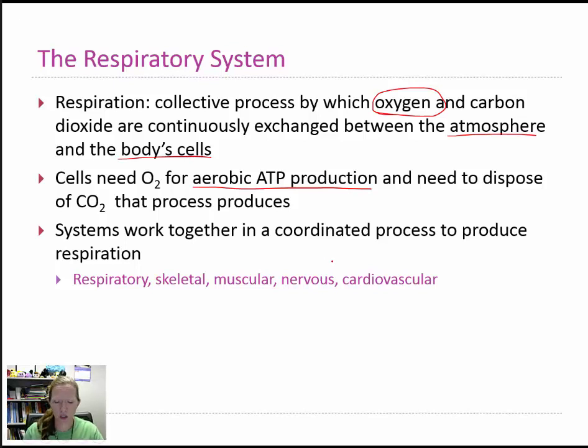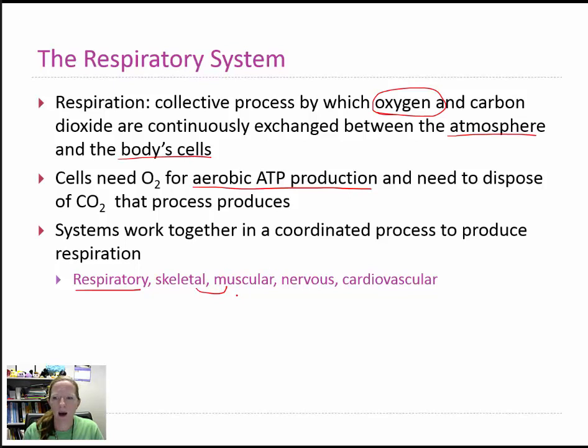Now, this is going to be a conjoined effort with a lot of different systems. We have the respiratory system that's going to come into play, of course. That's the main focus of this chapter, right? But we can't forget about all of the other systems that help make this whole process work. The skeletal system is going to work with the muscular system.